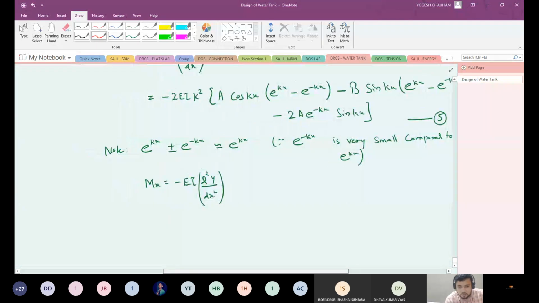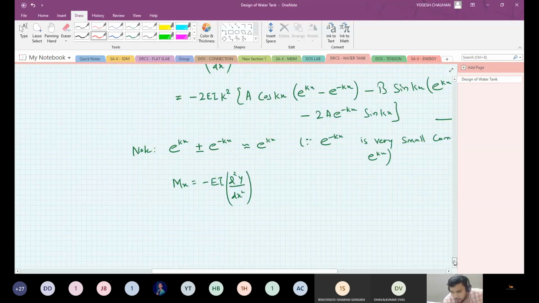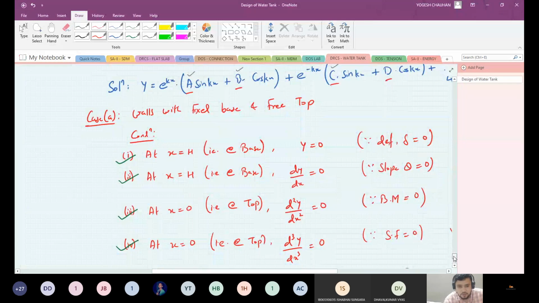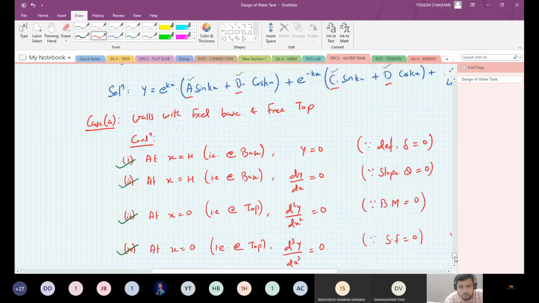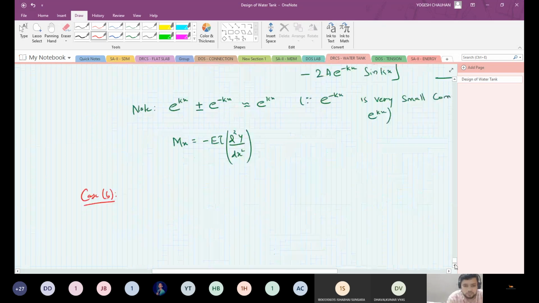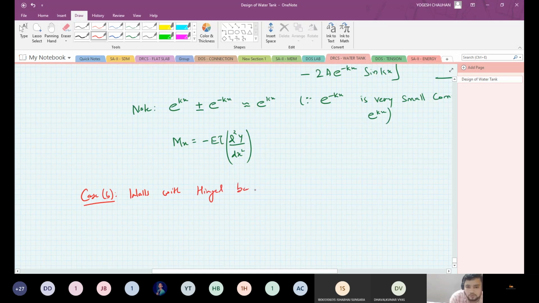So in the same way, second case, case 2, that is walls with hinged base. Hinged base and free at the top.